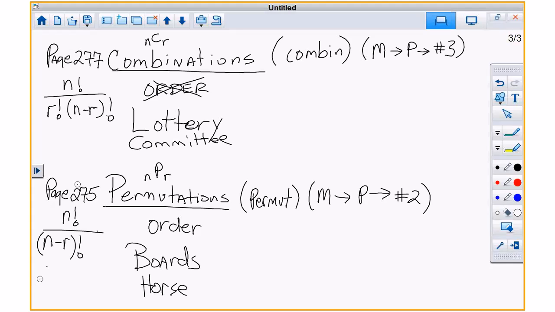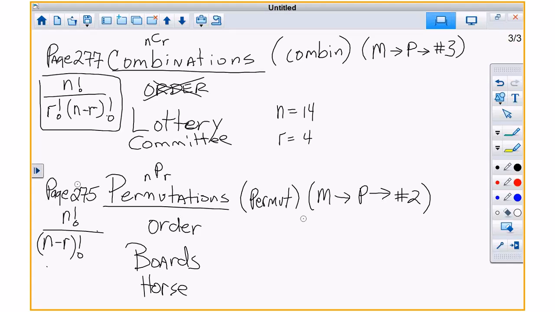Is that it? Okay, so there's one difference, that's all. All right, I'm going to look at this one. Let's say that N is, I can't remember the problem I did the other day, but I think N is 14, and R is 4.